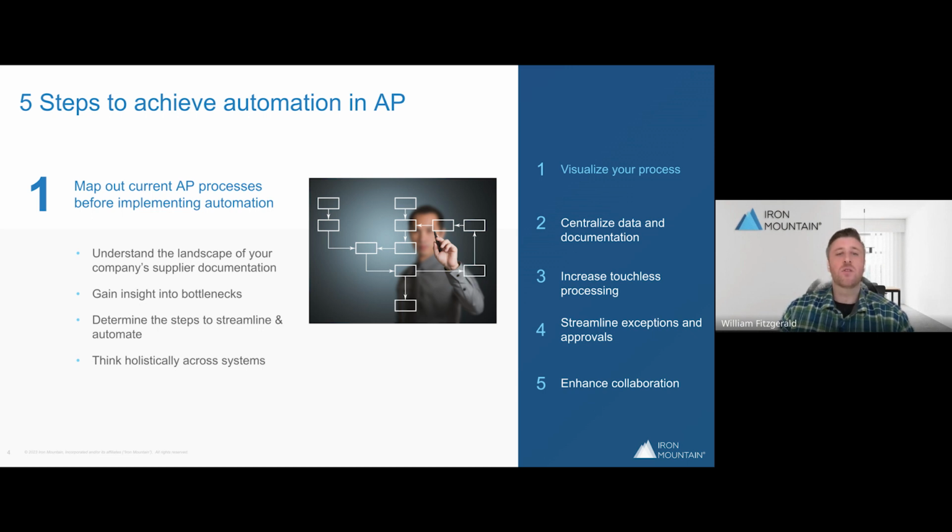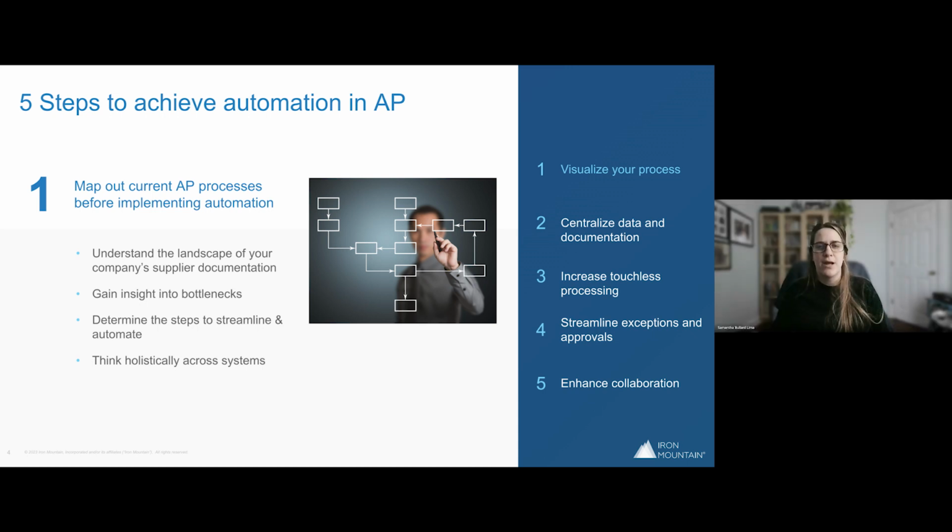Finally, capture the unique rules your company has in place to determine necessary approvals for invoices that exceed certain cost thresholds or contain costs associated with particular cost centers, as that'll help determine who is involved in what particular approval process. All of these metrics and processes are key to gaining insight into where bottlenecks arise and help your organization determine the necessary steps to streamline and automate these processes.